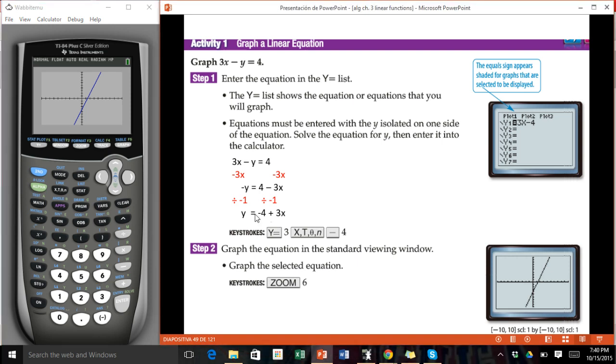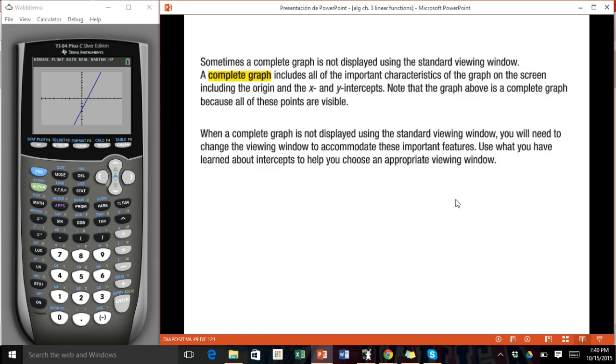All right, so moving on from that, the next topic that I'd like to discuss with you is the idea of a complete graph, okay? Sometimes when you click graph, you can't see everything. And when I'm talking about a complete graph, I mean the ability to see the origin, which is 0, 0, and the x and the y intercepts.